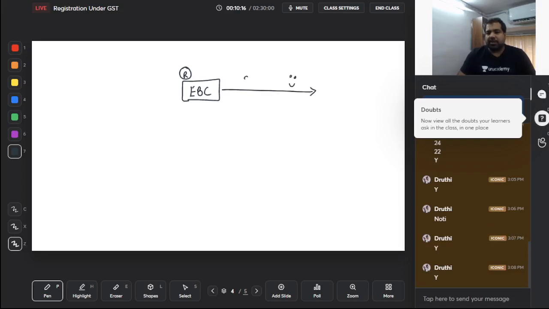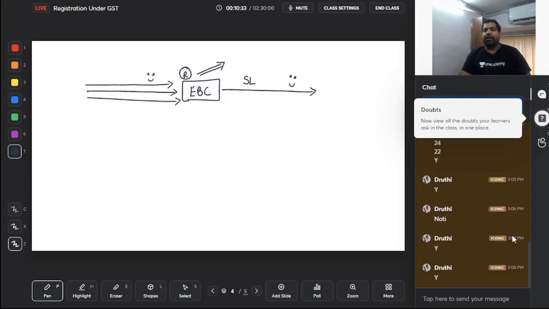Yes, because that supply is going to lead to a liability, so they will have to pay GST to the government. But in relation to that supply, whenever they buy some inputs, or input services, or capital goods, will they get credit? Yes, they will get credit. So that is what I mean by give and take relationship.